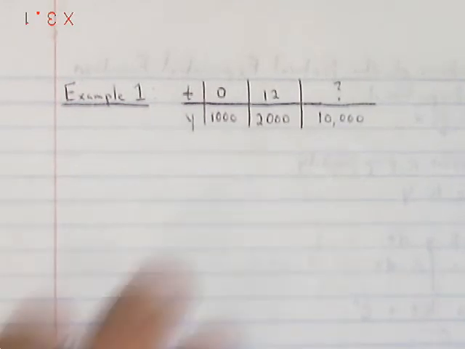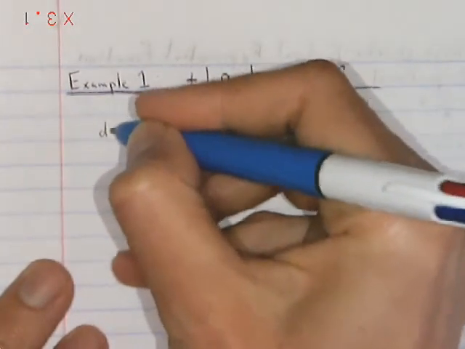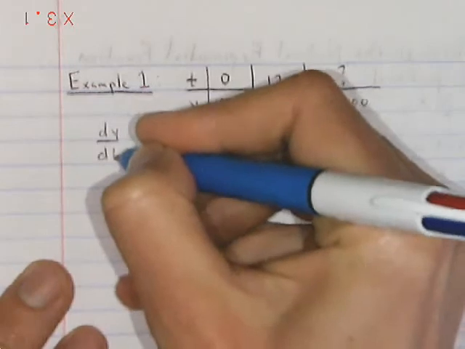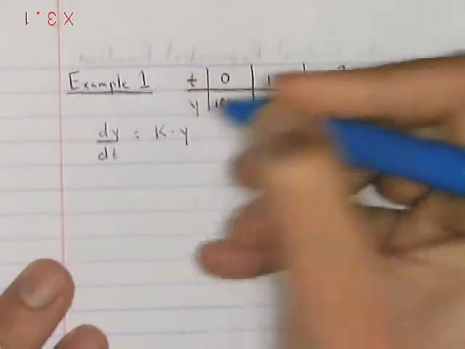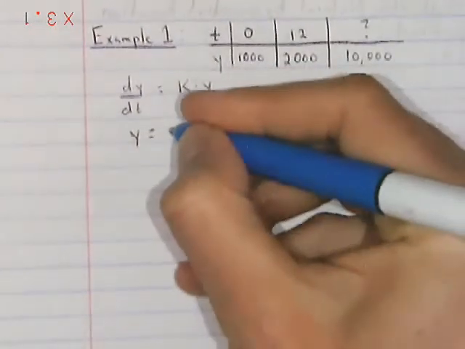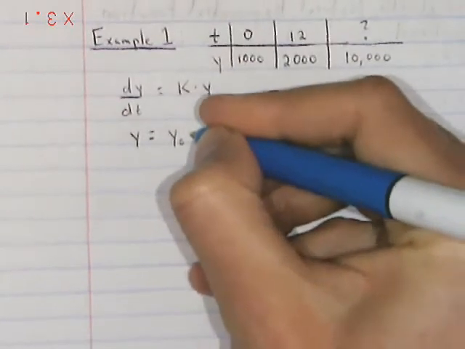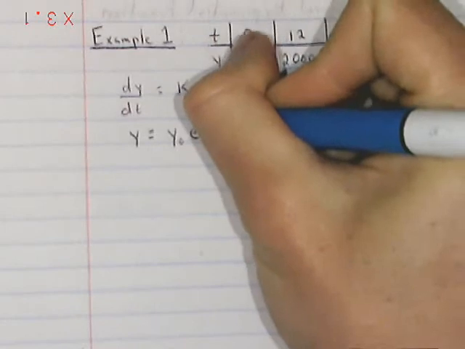Okay, so let's start with figuring out what the function is. Because we're told that the growth rate is directly proportional, in other words, that dy dt is directly proportional to y, we know that the function is going to look like y equals y naught times e raised to the k times t.